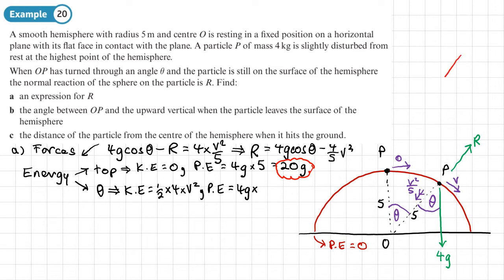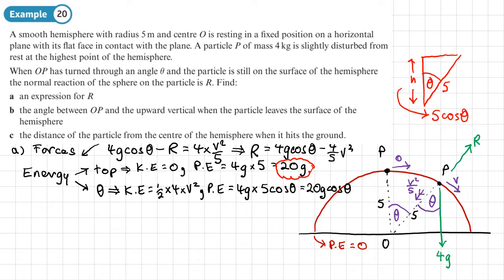So we have this side here, which is 5, and the angle here is theta, so that corresponds to this triangle here, and it's this side here which is going to be the height, which I'm going to be using for potential energy, and I can see that that is 5 cos theta. So that can go into my working. 4g times 5 cos theta gives me 20g cos theta.